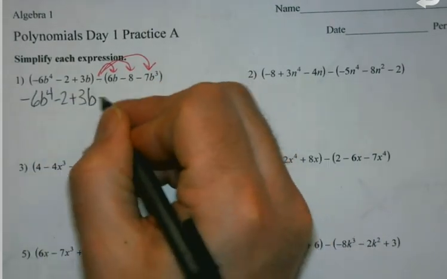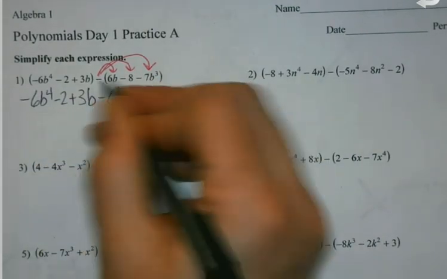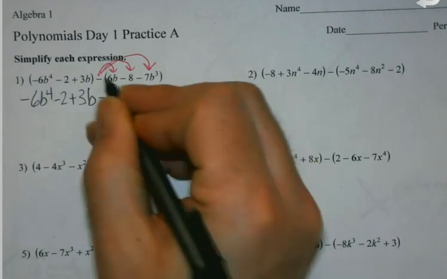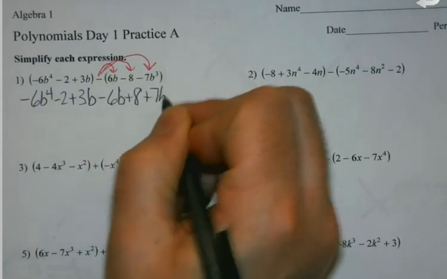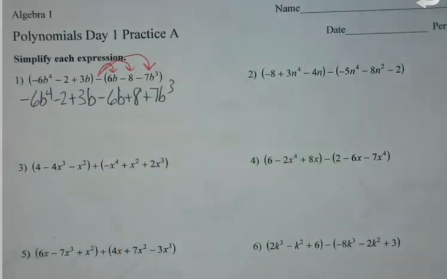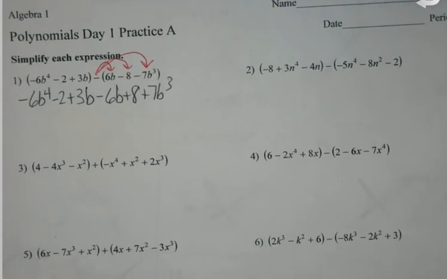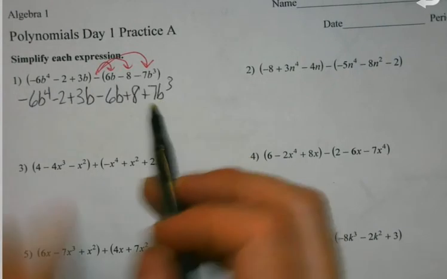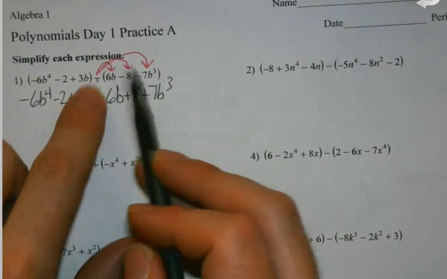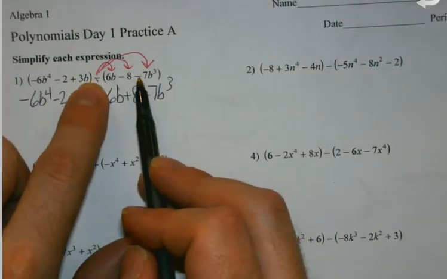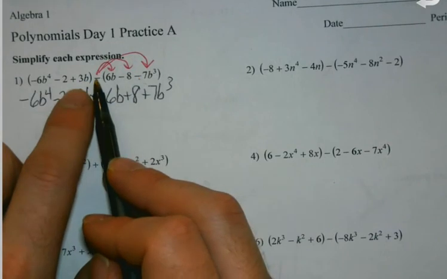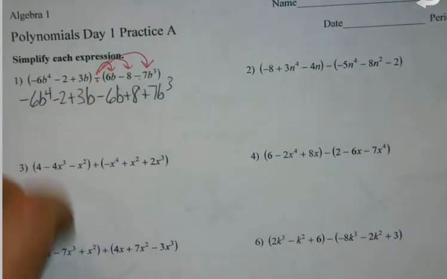So I'll change the signs on every one of these. Why do you make 7? Well, because here, this minus changes the sign on this. So since it was negative before, that minus will change it. It always switches the signs on everything.